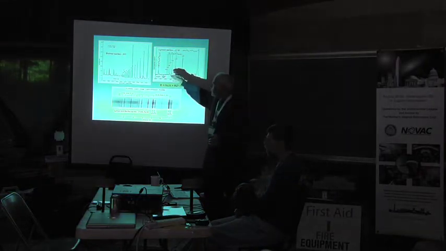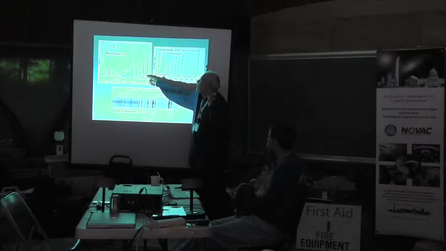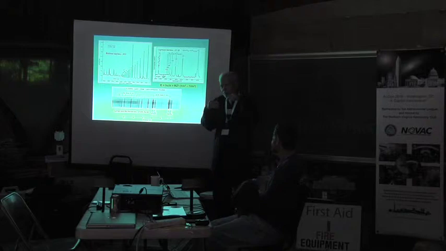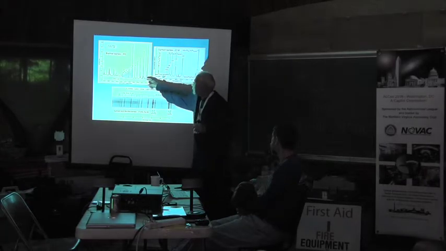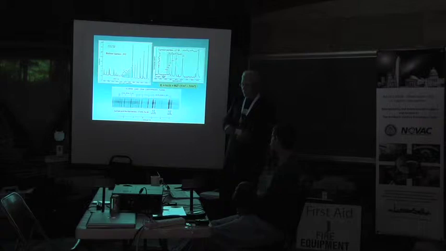Now you notice n is 2, but m is getting bigger, 15, 16, 17, 18. Of course, you take 1 over m squared, where m is just increasing by 1, and you get smaller and smaller differences. So the spectral lines get closer and closer together. They also get weaker and weaker because the probability of exciting them is smaller.